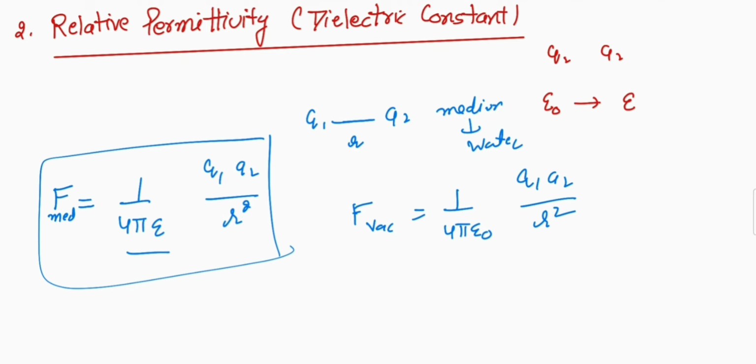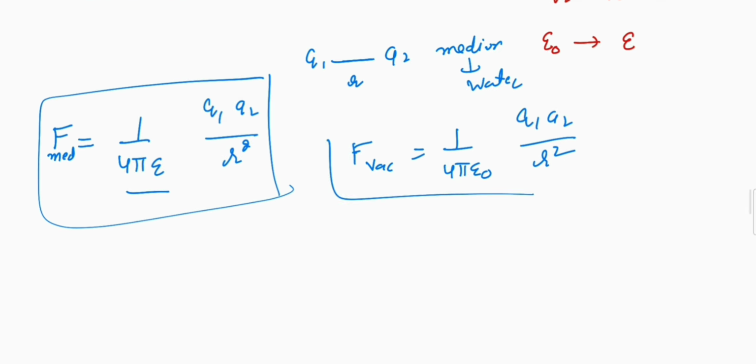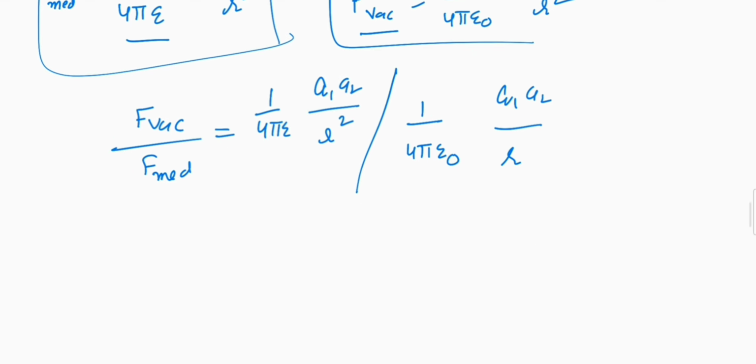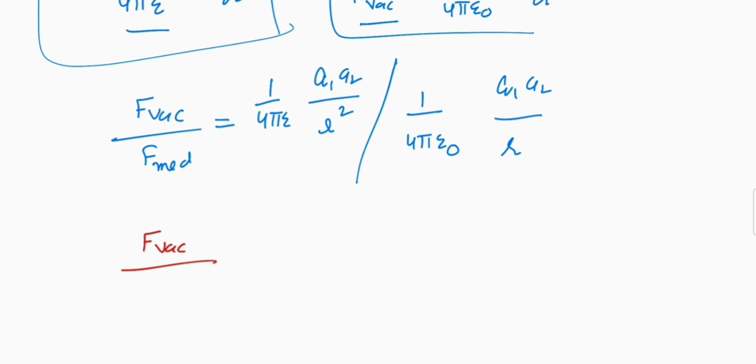So if we divide this F vacuum by F in medium, then we get 1 upon 4 pi epsilon naught Q1 Q2 divided by R square, divided by the force in medium, which is equal to 1 upon 4 pi epsilon Q1 Q2 divided by R square. Then we'll get F vacuum divided by F in medium is equal to epsilon divided by epsilon naught.